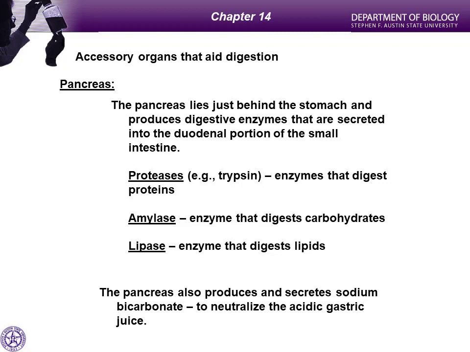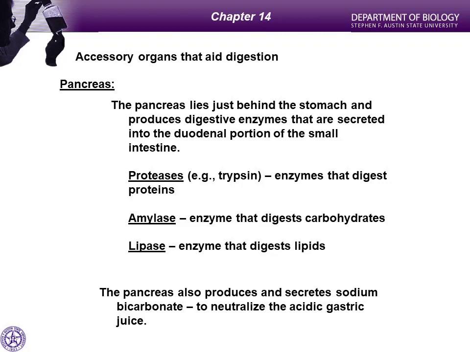Now, in addition to enzymes, the pancreas is also producing and secreting into the duodenum a ton of sodium bicarbonate. Sodium bicarbonate is a pH buffer, and more than anything else, it is going to neutralize all of our hydrochloric acid that just came from the stomach with our digested food as it passed the pyloric sphincter.